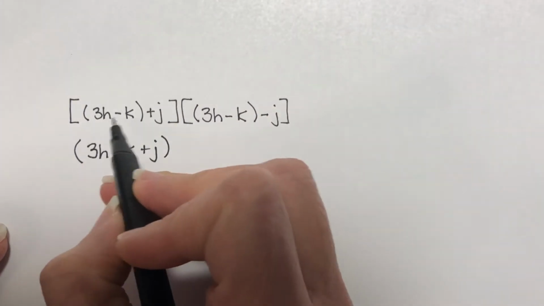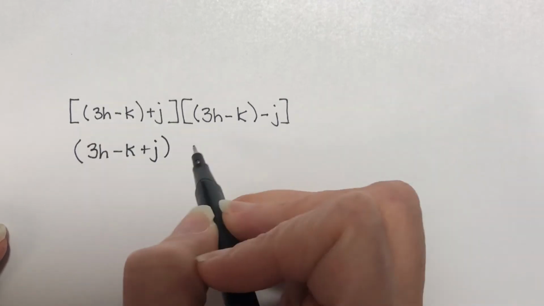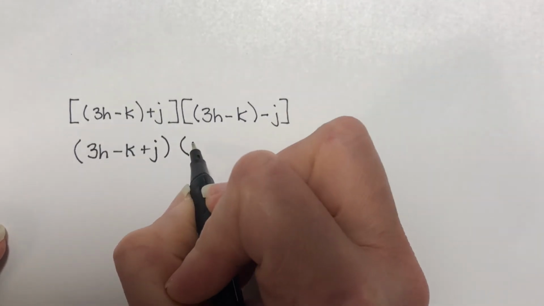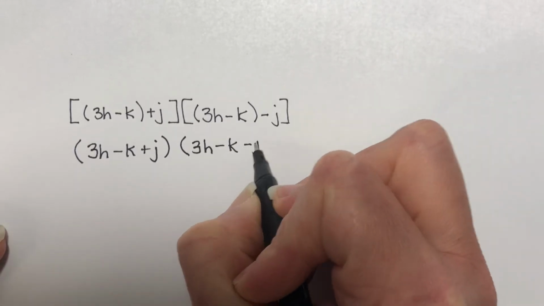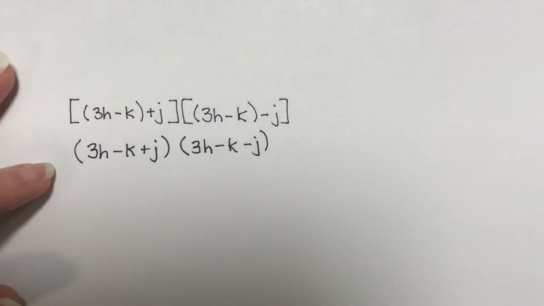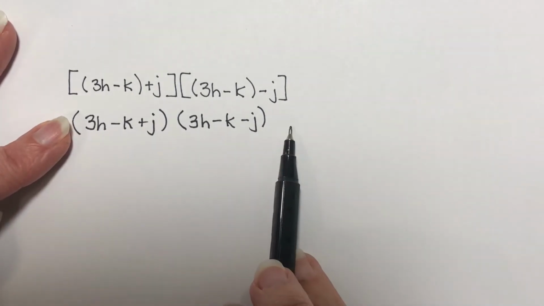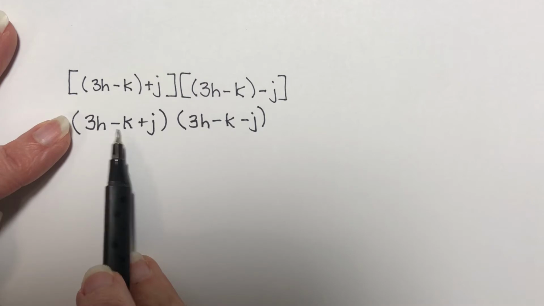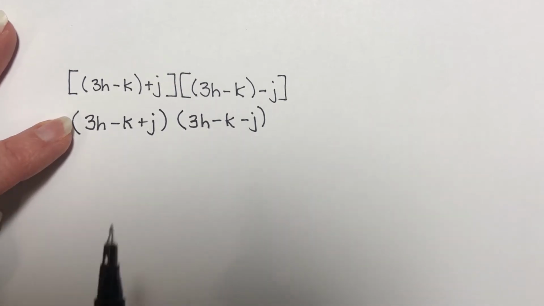The parentheses are only here so that you can see that they're the same, to make it look like a group. But mathematically, they don't make a difference. Okay? Now think of this as a distribution. I'm going to take this 3h and distribute it all the way through here. And then I'm going to come back and do the k, and then I'm going to do the j, and we'll combine like terms.